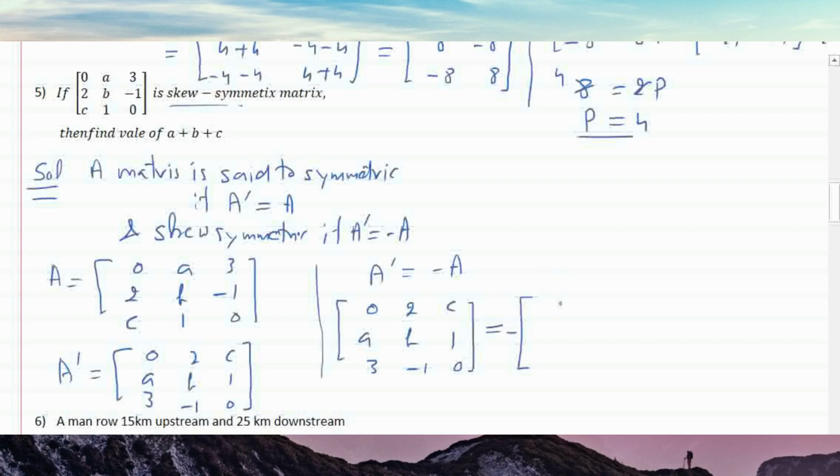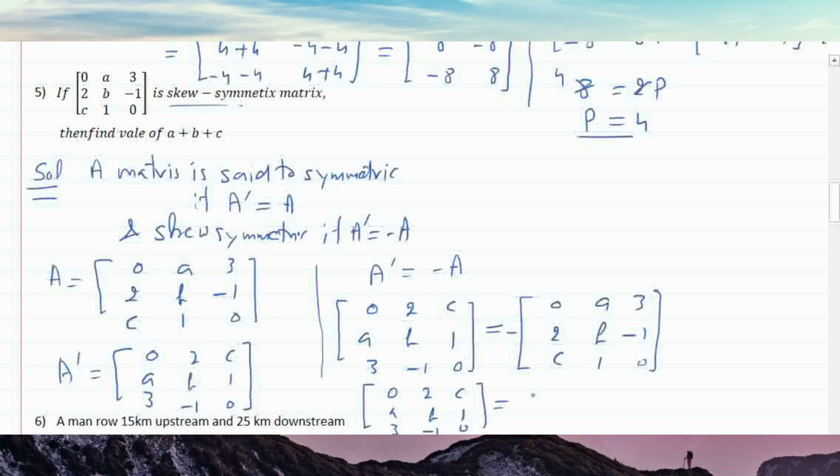This is 0, A, 3. Here you are getting 2, B, minus 1, and here C, 1, 0. You just simplify it little bit further, children. We are getting here 0, 2, C, A, B, 1, 3, minus 1, 0, right?